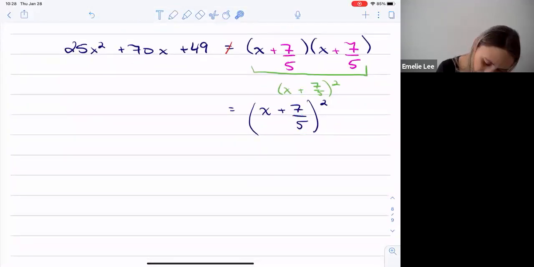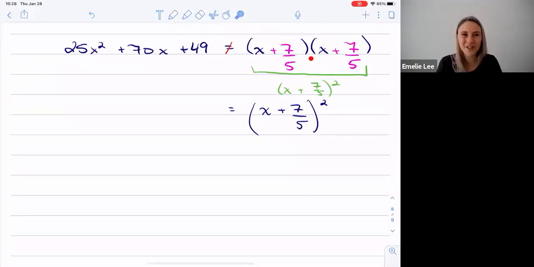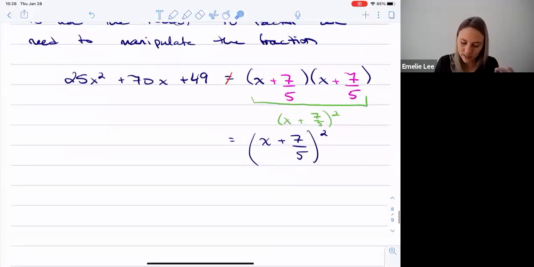You can try it, but I am running short on time. So try it, expand it out. x times x is x squared. x times 7 over 5 is 7 over 5x, plus 7 over 5x, so that's 14 over 5 x. And then 7 over 5 times 7 over 5 does not make 49. So that's my pickle.